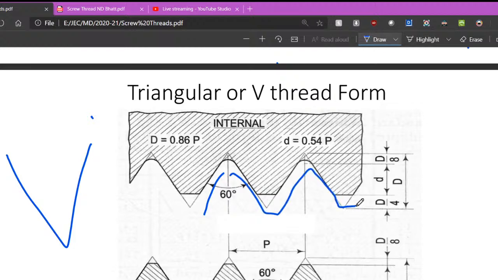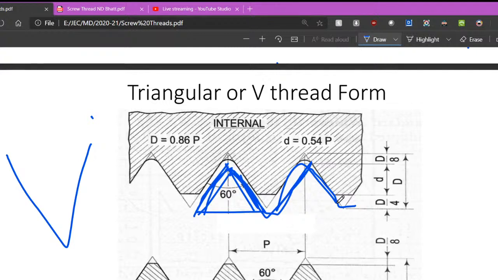So again, if they are perfectly triangular in both cases, we need to ensure precision in the form of the thread, and this will also create some locking when we move the thread.